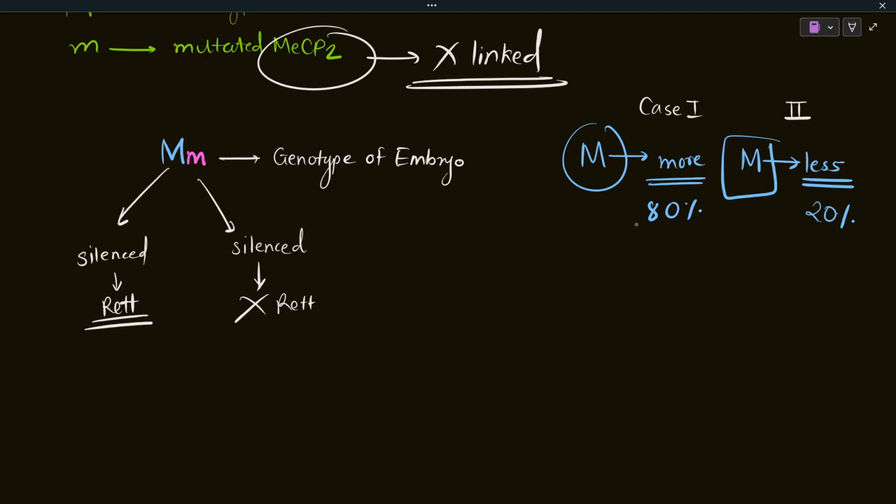Now if there is some skewedness in X chromosome inactivation, let's say in the first case the paternally inherited X chromosome will be inactivated.